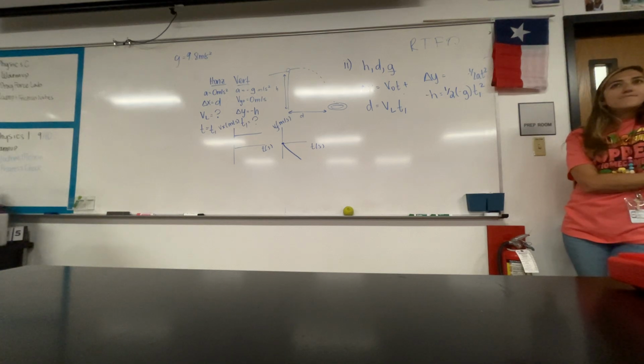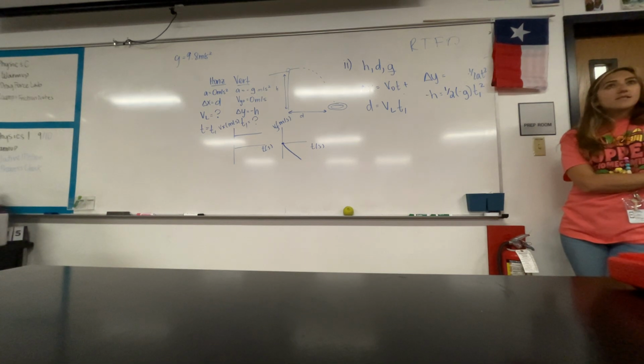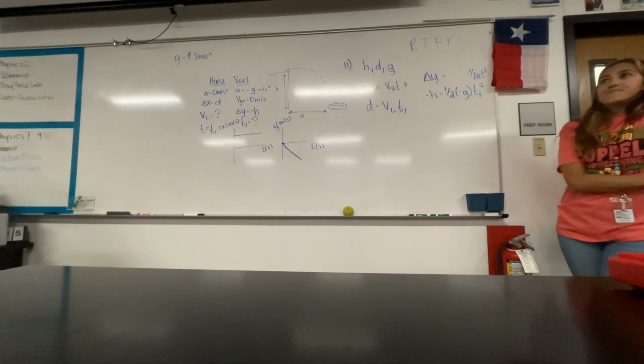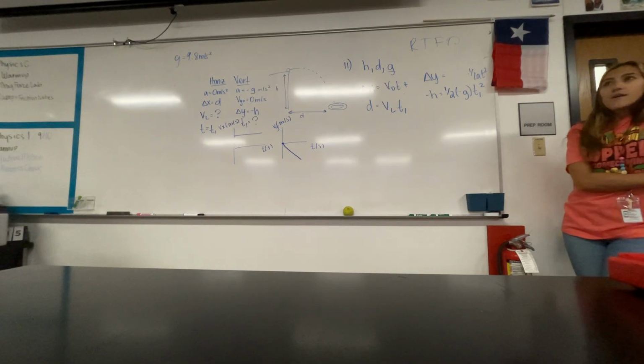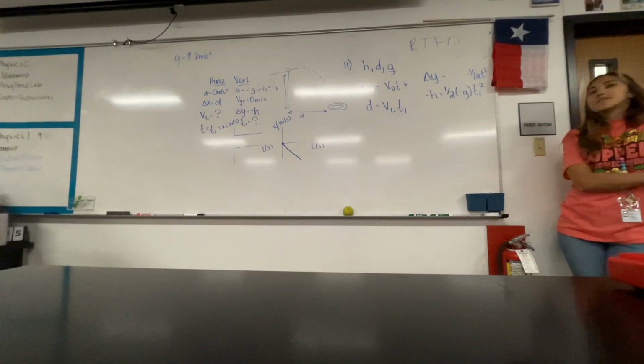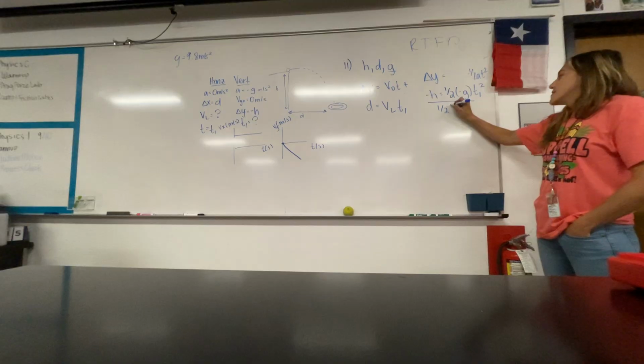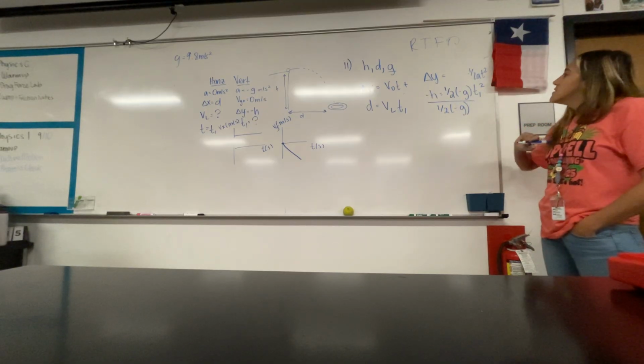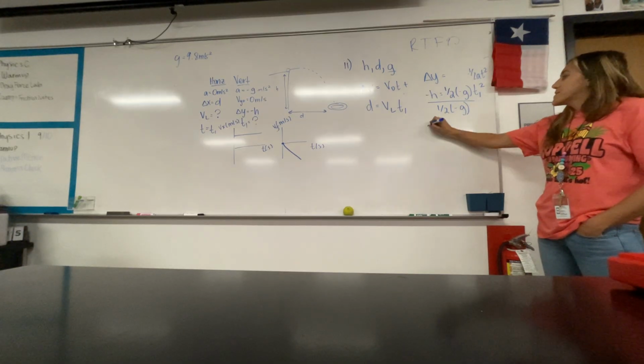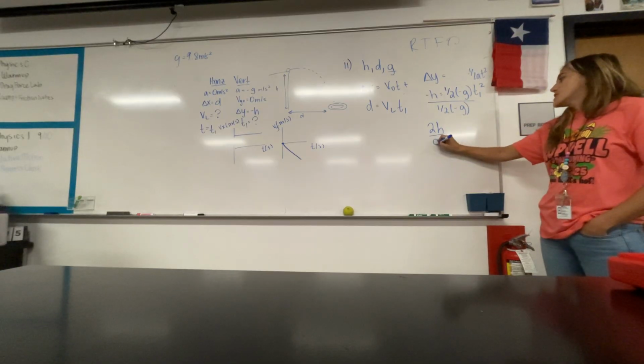This is a task we are going to be dealt a lot. Solve for T1. It's just a little algebra. If I wanted to get T1 by itself, what am I going to divide both sides by? 1/2 negative g. That gets me 2h over g.